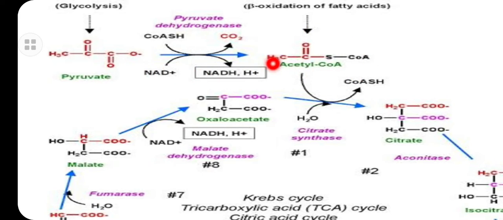This process occurs in the presence of the enzyme pyruvate dehydrogenase, and during this process hydrogen is accepted by NAD and produces NADH2, which gives 3 ATP molecules by transferring through the electron transport chain.